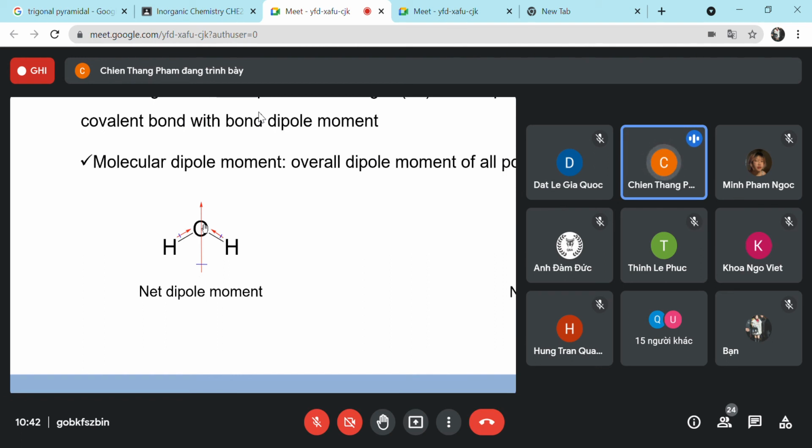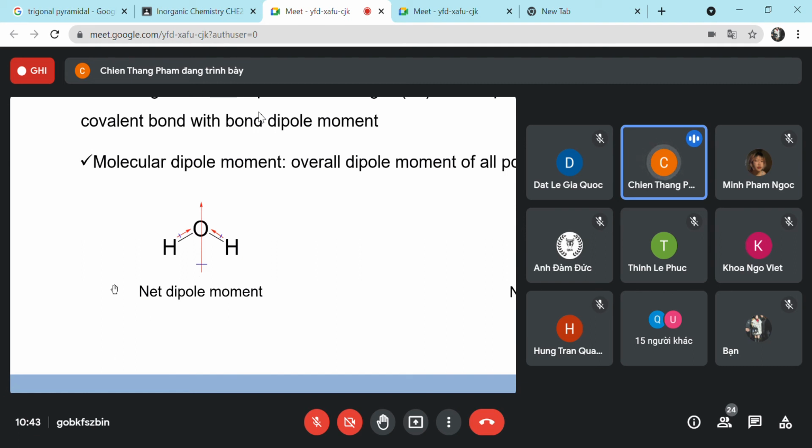Now you know that the water molecule is bent, it's not linear. If the water molecule were linear, these two vectors would cancel each other, which means the overall dipole moment of water would be 0.